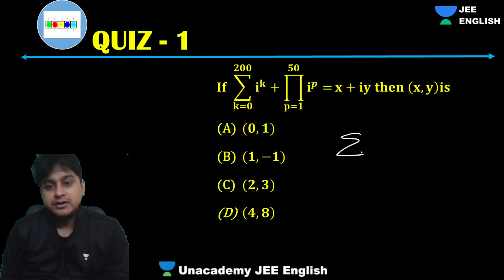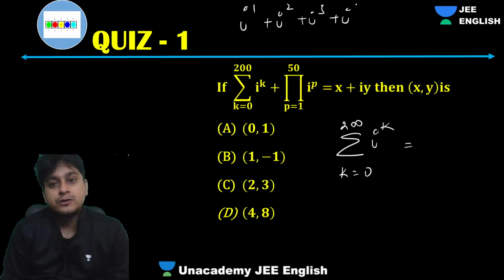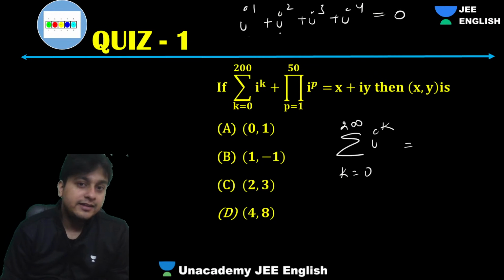Summation is easy, k equals 0 till 200. All of you might be doing this. This part will be definitely 0, right? Why? Because we know that consecutive powers of iota sum to 0. We know i square will be -1, i cube will be minus iota, i to the power 4 will be 1.